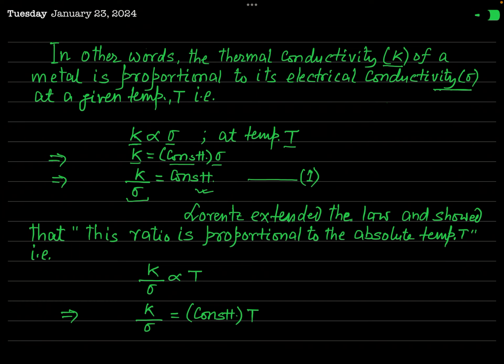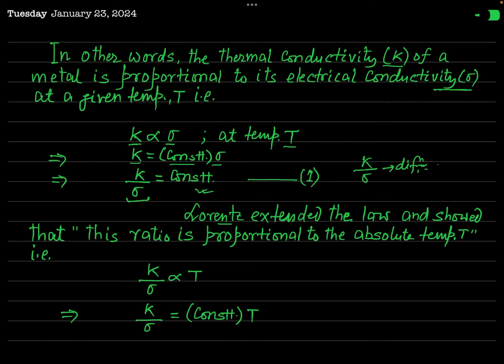But this ratio K over sigma is temperature dependent. At different temperatures, the value of K by sigma is found to be different for the same metal. So taking this fact into account, Lorentz extended this law.